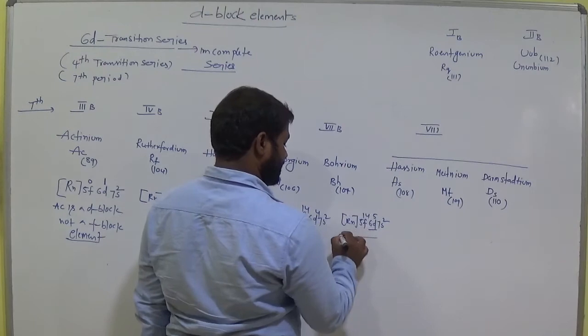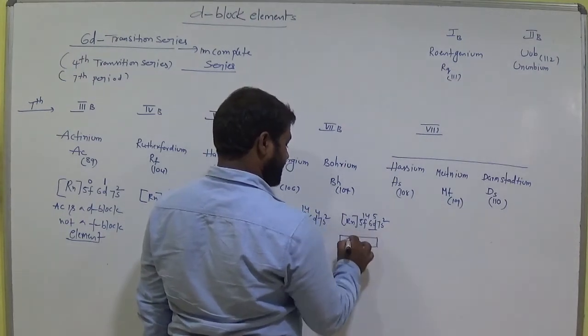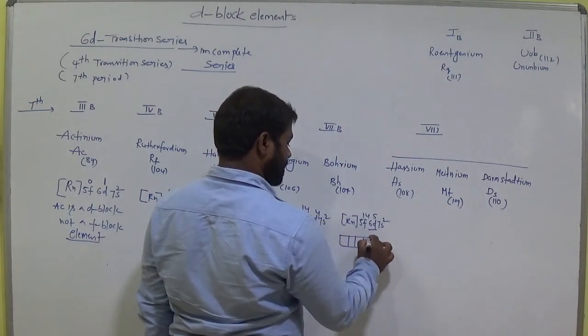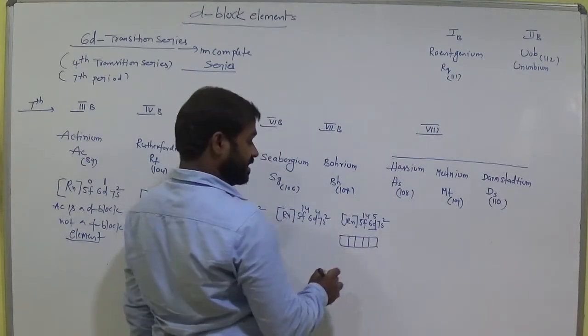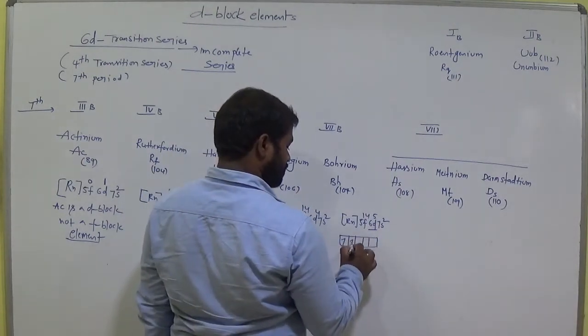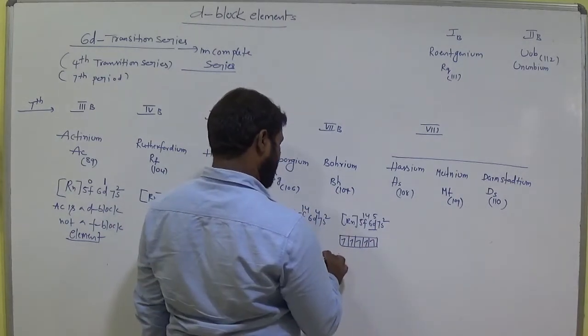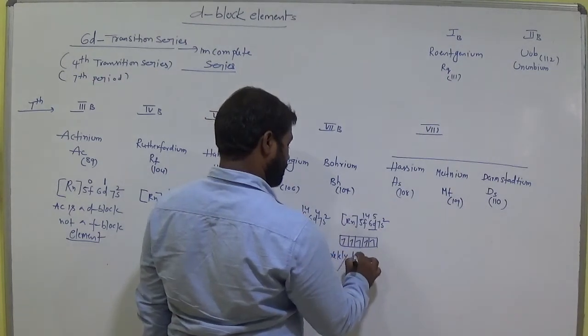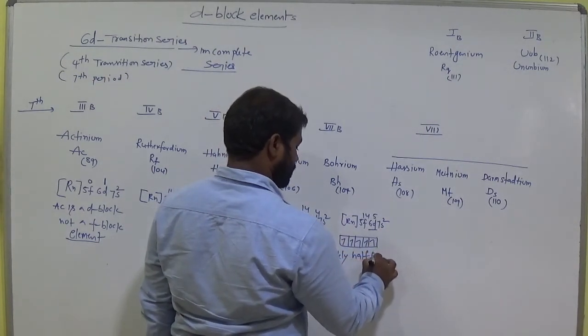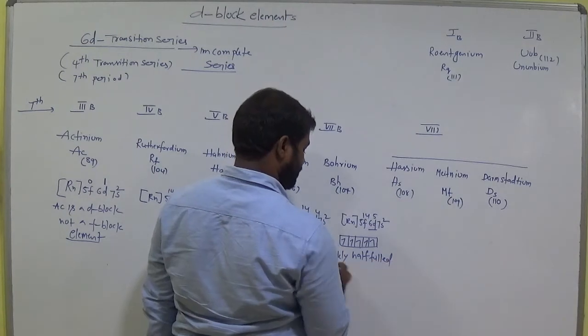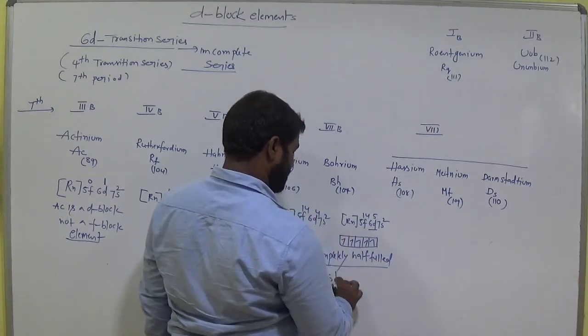Here we observe that in the d orbital it is stable. Why? In the d orbital we have 5 sub-orbitals: 1, 2, 3, 4, 5. So it is completely half filled. So that means stable or not?